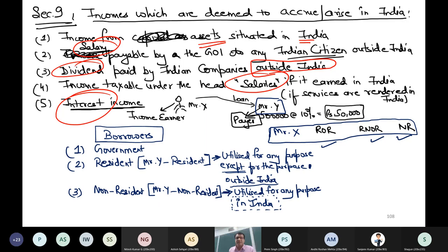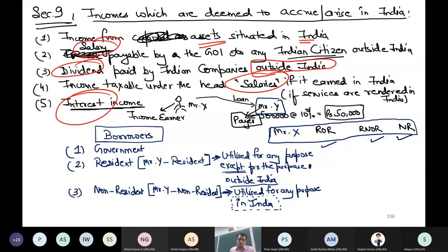Is it taxable for ROR, RNOR and NR? Government says you write it under any heading, it does not matter. You treat it as income actually received, or as income deemed to accrue or arise in India. In both cases, income becomes taxable for everyone. So under what heading you write it, it doesn't matter. If it is taxable for everyone, and you have taxed it, then the point is over.